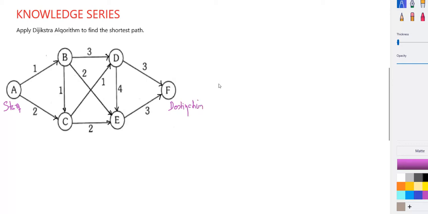Based on this given vertex, we will follow certain steps, and in step 1 we will be assigning the weights as well as the cost.